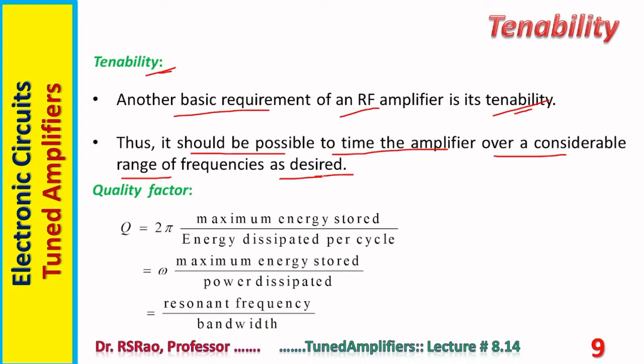The reason is these are RF amplifiers, radio frequency amplifiers, so they are working at high frequencies. At high frequencies, drift is a serious problem. If we tune the amplifier to work over a particular band of frequencies, usually the amplifier remains there for some time and then it slowly starts drifting away.